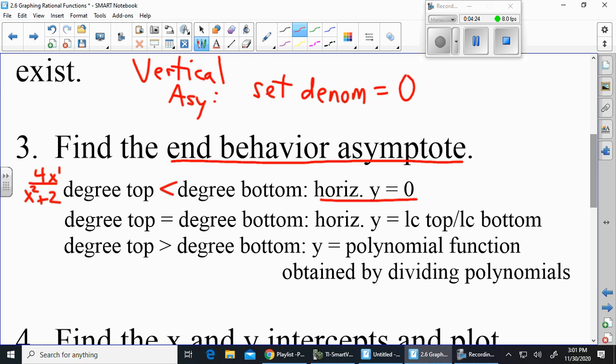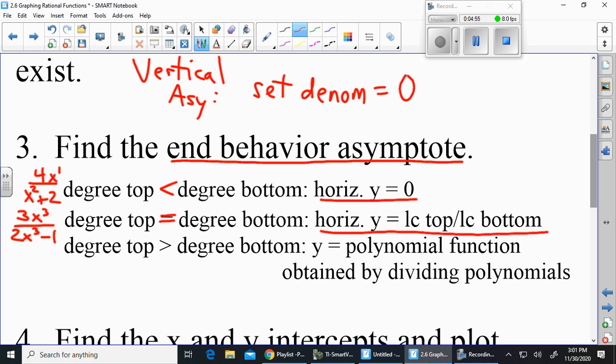If the degree of the top equals the degree of the bottom, it's horizontal. Y equals the leading coefficient of the top divided by the leading coefficient of the bottom. So something like 3x cubed over 2x cubed minus 1.